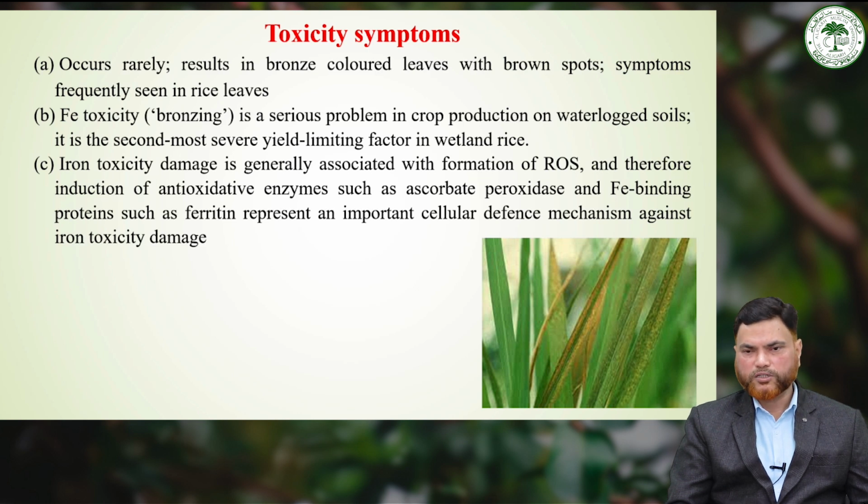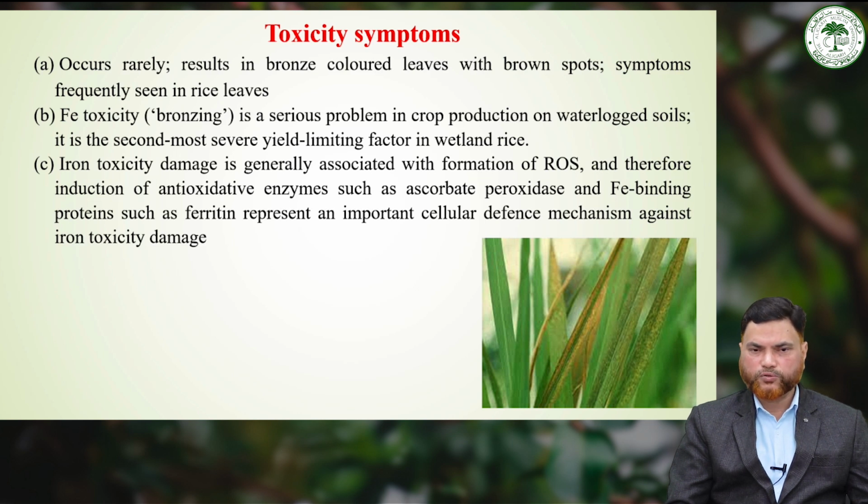Generally, once a plant faces this oxidative stress, plants activate crucial cellular defense mechanisms. One such mechanism, as you might recall, involves the induction of antioxidative defense enzymes like ascorbate peroxidase, which help to mitigate the harmful effects of reactive oxygen species.